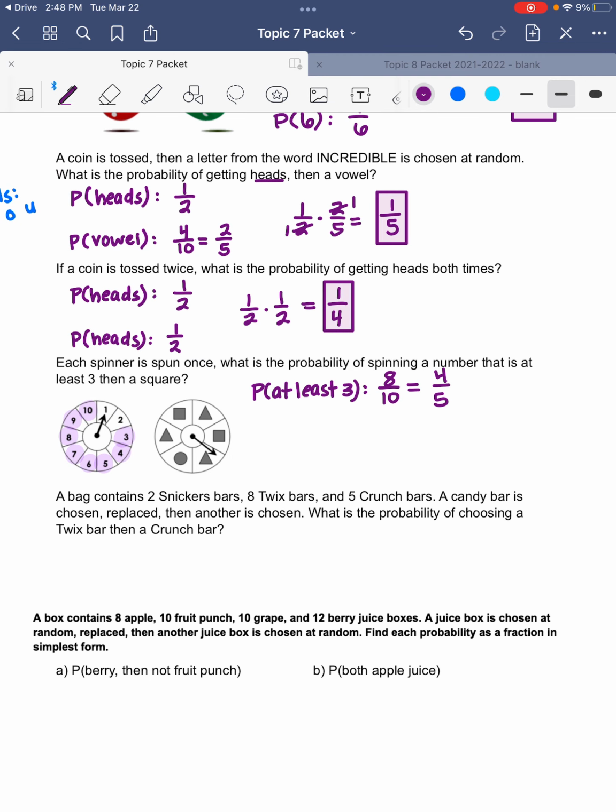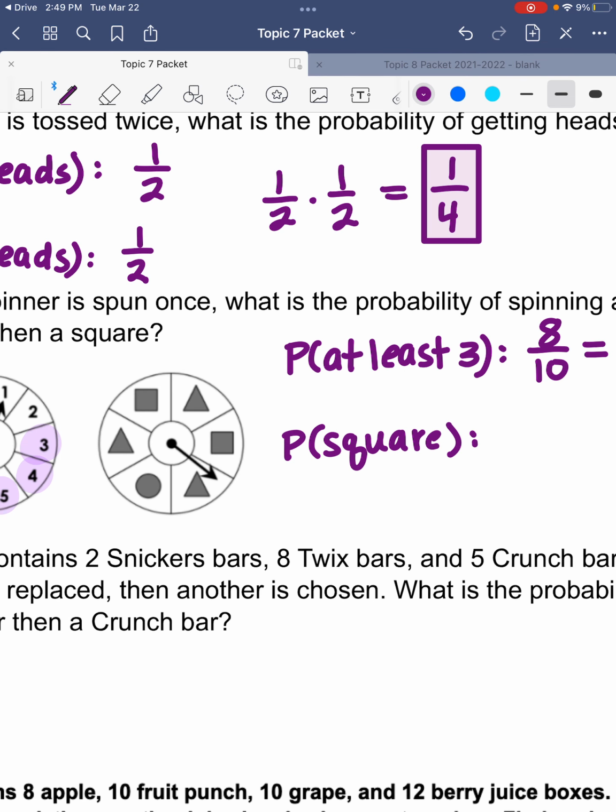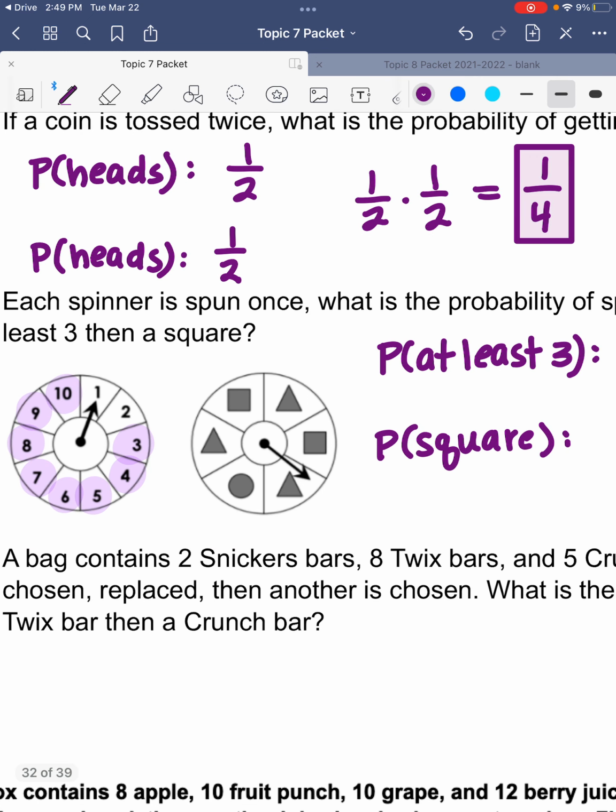Now my second event is getting a square. So probability of a square. Okay, so I'm looking at my second spinner now. I'm looking at this one here with the shapes on it. So I need to know how many total sections are on that spinner. I know it's not as many as the first spinner, so I'm just going to count them. There's 1, 2, 3, 4, 5, 6.